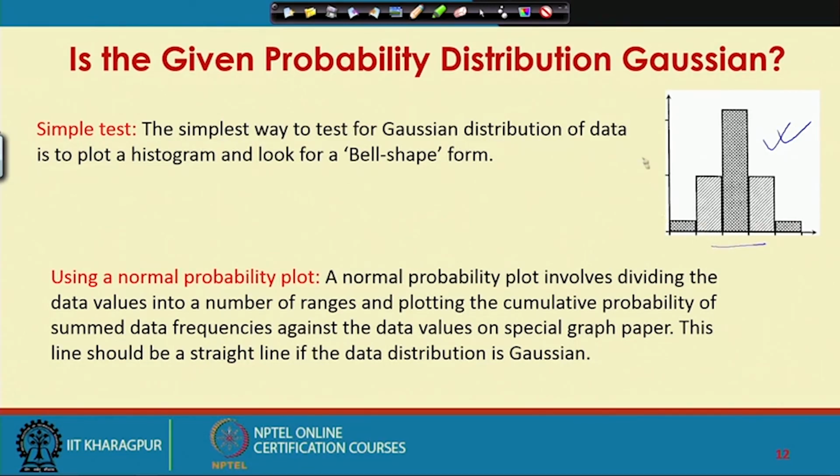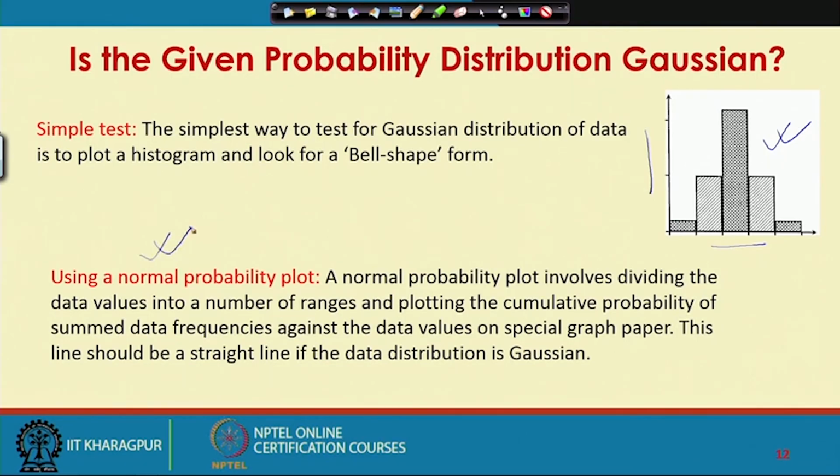So, these are the readings and this is the frequency of occurrence. If the histogram looks bell shaped, you know that the distribution is Gaussian. Another is making use of a normal probability plot.